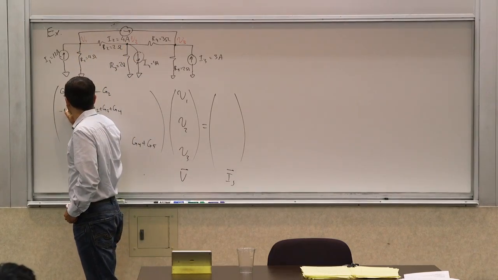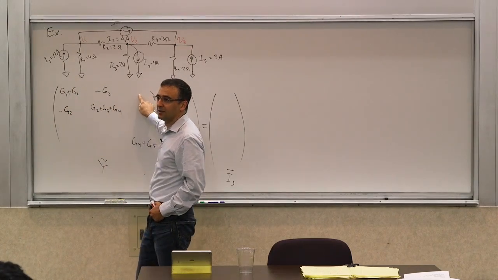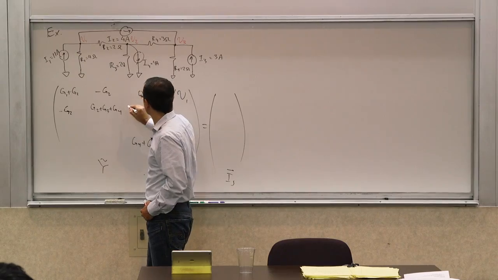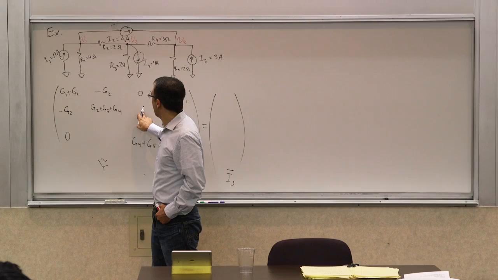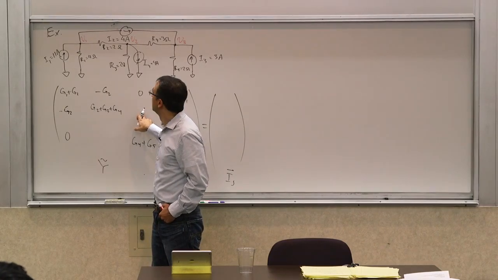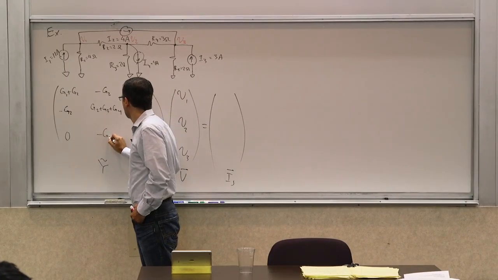So it's going to be negative G2. How about this term, 1,3? 0. There's no explicit conductance or resistance attached between them. Now, how about nodes 2,3? Minus G4, exactly.